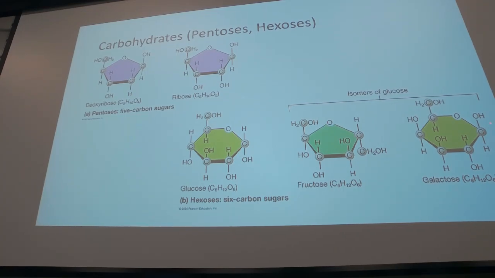And then the same in this area. So hydroxyl or OH stays here, and this hydrogen is here. An isomer has the same chemical formula, but the physical structure is different.